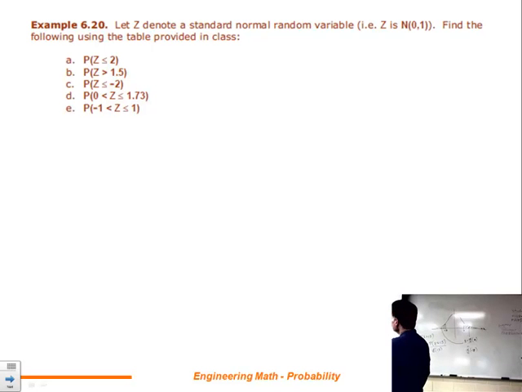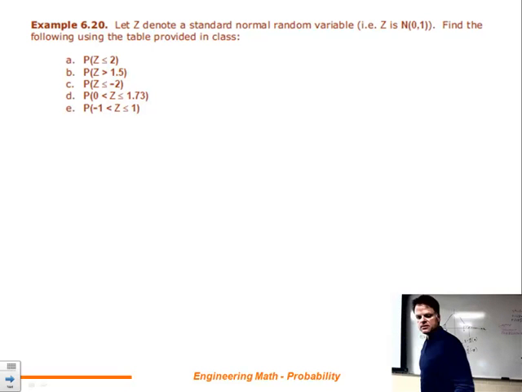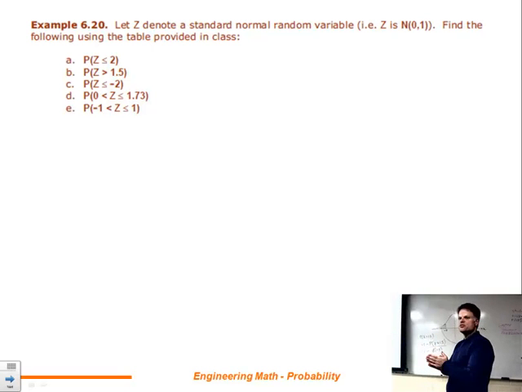Let's do D, which is useful. The probability that Z is between 0 and 1.73. Now I've got two constraints. I'll redraw this.